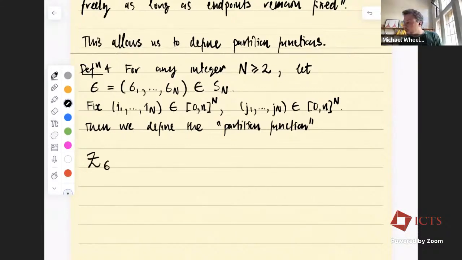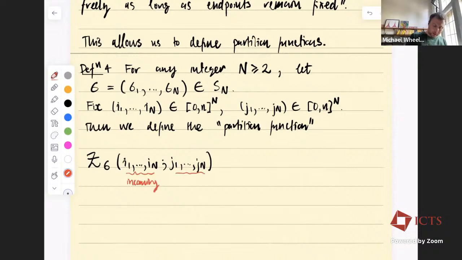So sigma is our permutation. And I'll put I1 up to In as the first set of indices, and then J1 up to Jn as the second set. And so these are, again, going to have the interpretation of, these are going to be incoming colors, and these are going to be outgoing.